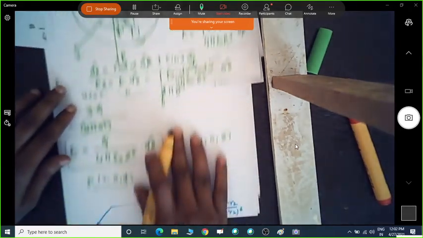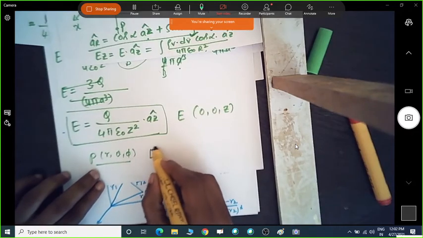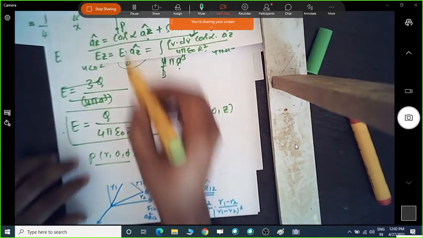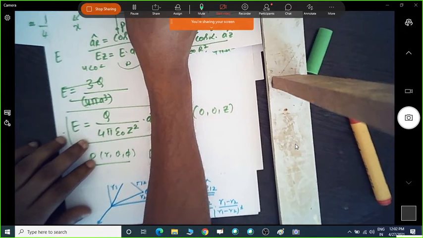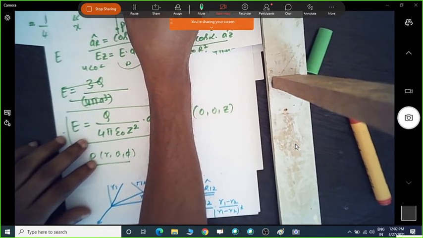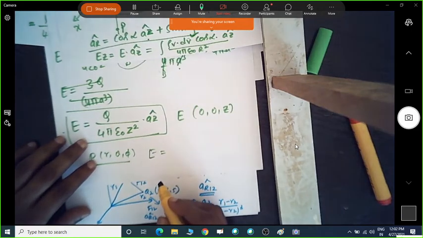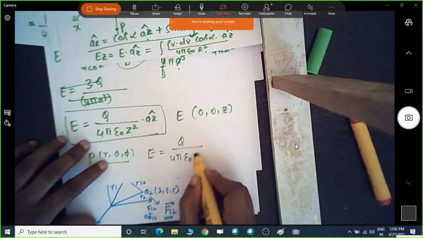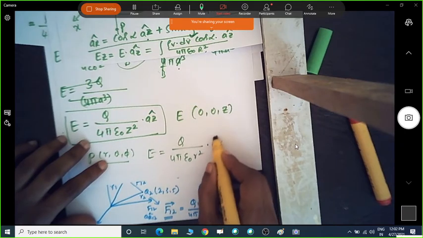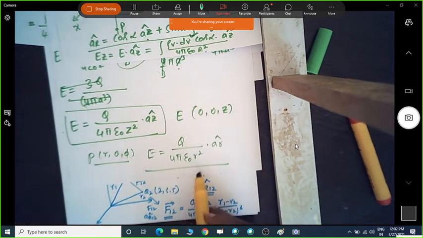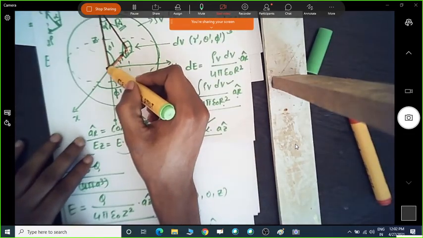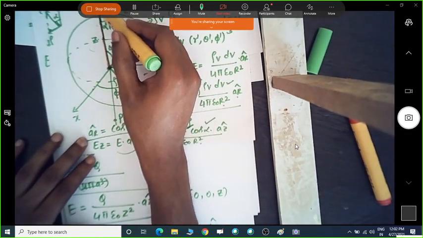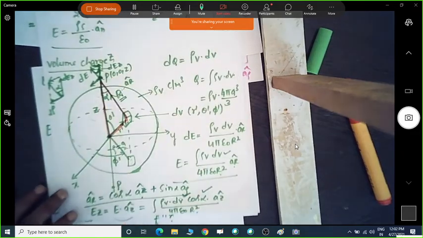So in general we can write the electric field due to the volume charge distribution at point P (r, theta, phi) as E equal to Q by 4 pi epsilon naught r square into ar direction.